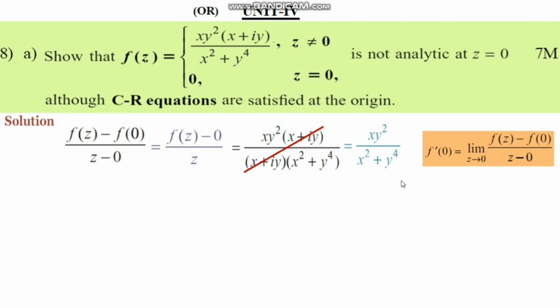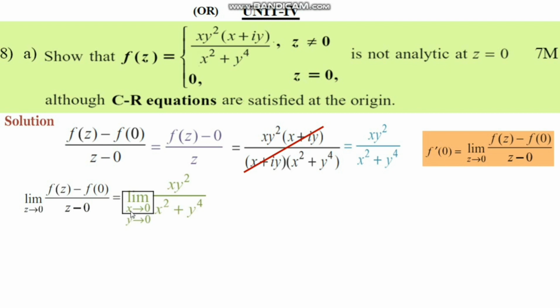First, we consider the path x approaches 0, then y approaches 0, and then y approaches 0, then x approaches 0. Along other generalized paths, y equals mx, based on this function's nature. Let us consider the limit of this function along the path x tends to 0, then y tends to 0.